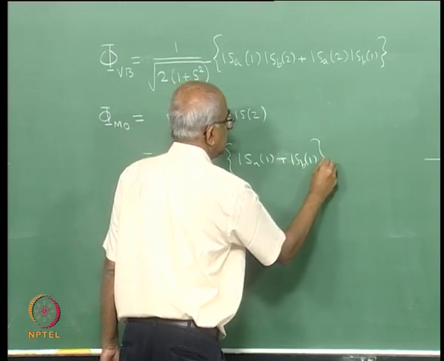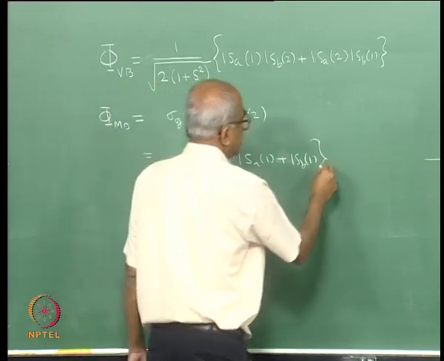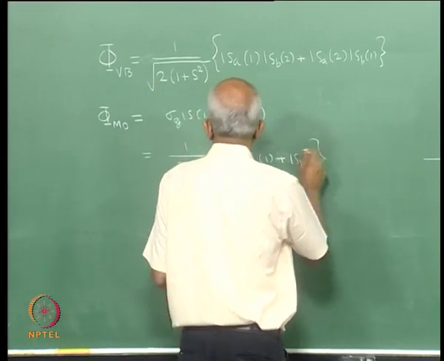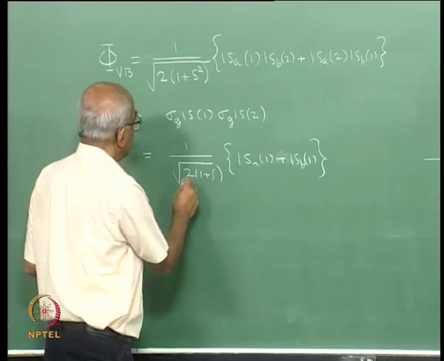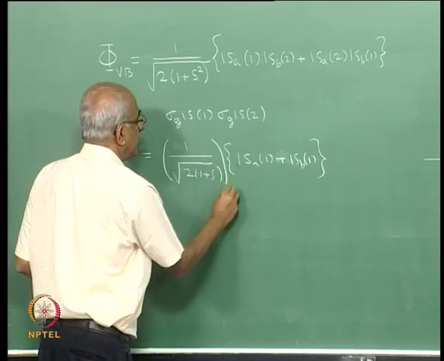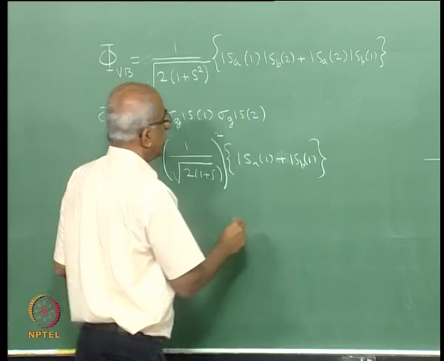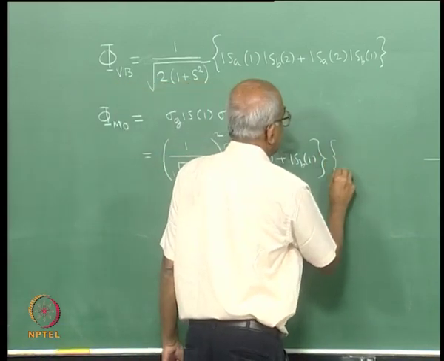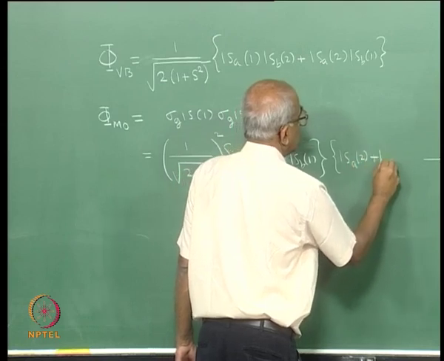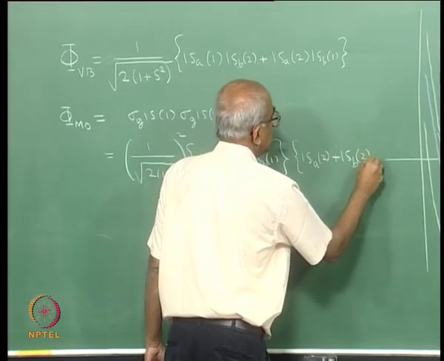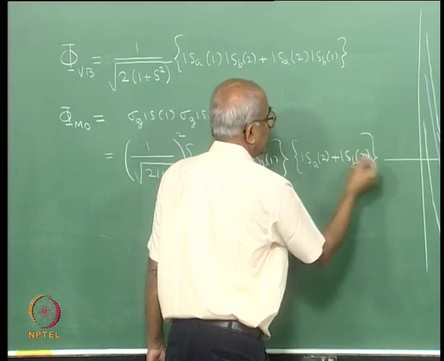Sigma g 1s for the second electron has a similar appearance. It will also contain this factor 1 by square root of 2 into (1 plus S). So, effectively there are two such factors, so I will have the square of that, and then I would have 1s A2 plus 1s B2, correct.